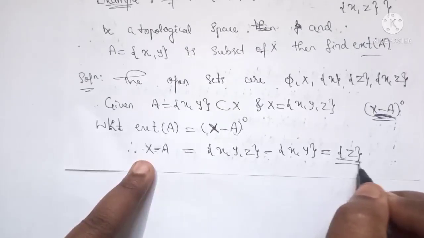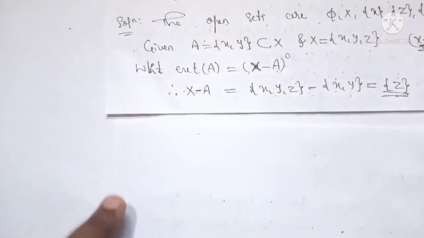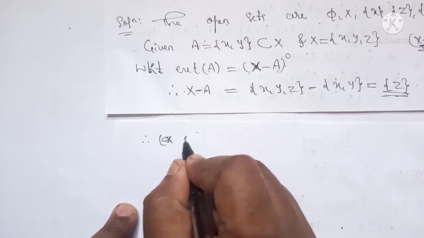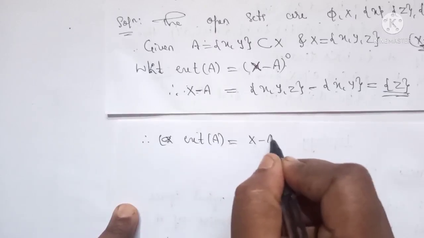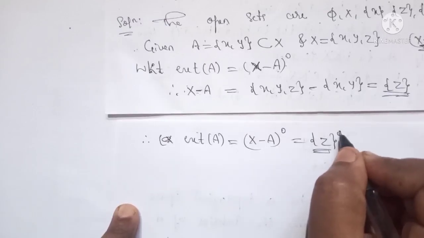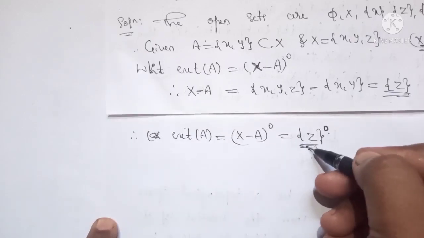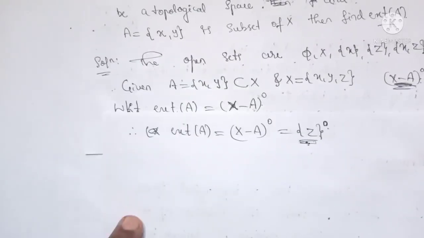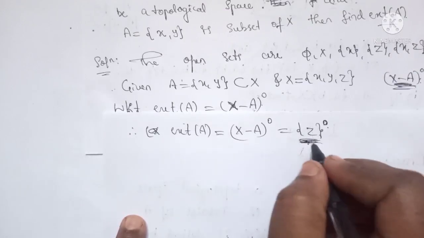Now we find its interior. Exterior of A is equal to (X minus A) interior, which is equal to this set's interior. So in this subset {z}, we need to find the open sets which are contained in this set {z}.